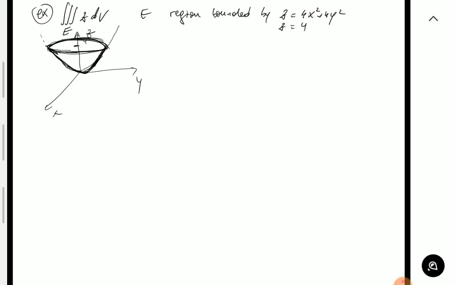Okay, so we now move to the Fubini's theorem part of it. To apply Fubini, remember you need to see the solid E as between a top and a bottom given by 2 surfaces with the same domain. So the top, obviously, is the surface z equals 4, which, remember, you can view as a function of 2 variables. No problem with that. The bottom is going to be the paraboloid itself.